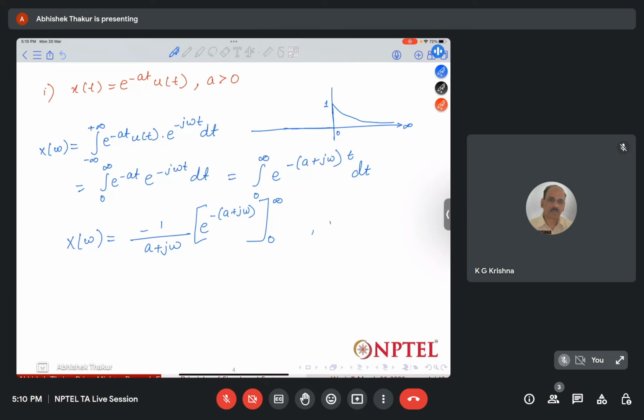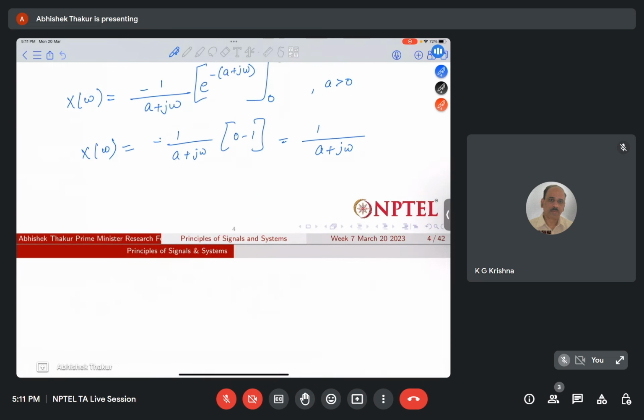Here it is given that a is greater than 0. So when t is infinite, it will be 0, and when it is 0, it will be minus 1 by (a plus j omega) times (0 minus 1). So it will be 1 by (a plus j omega).